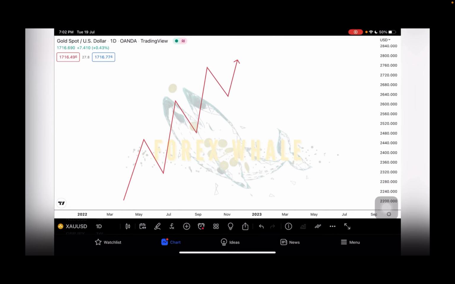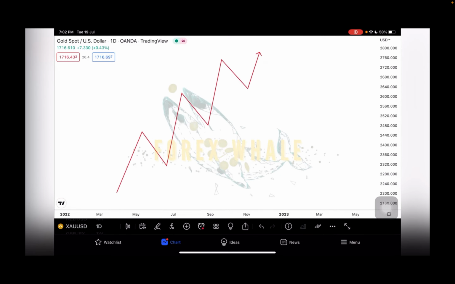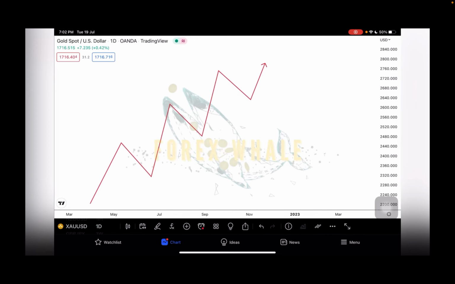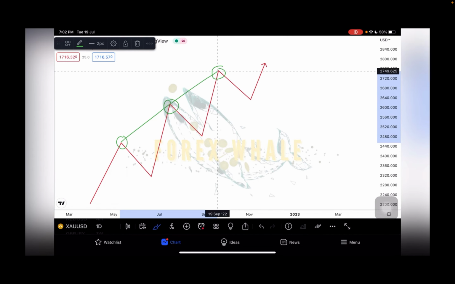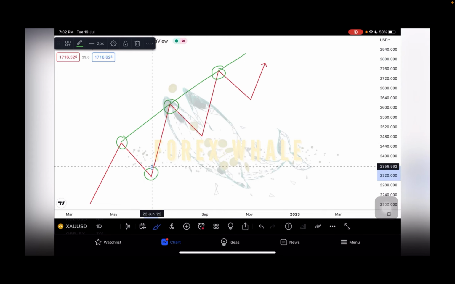So here you can see that market is trending. Why is market trending? Simply because of the creation of new highs. Price keeps continuing to create new highs. And also, look at these lows. This low here always creates a new low.